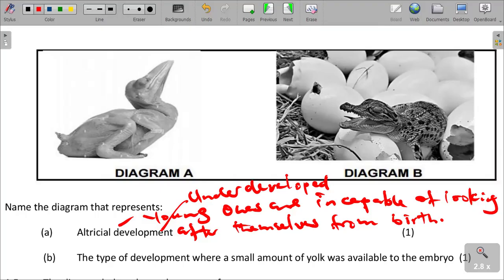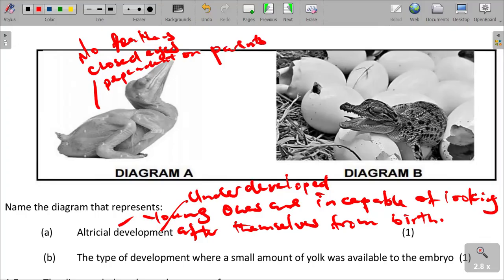So artificial development, it is shown by them, these young ones which are born, they are unclothed, they have no feathers, they have got closed eyes, they are dependent on parents.